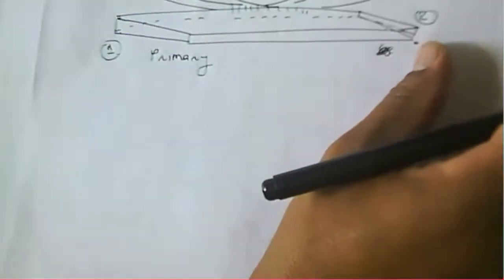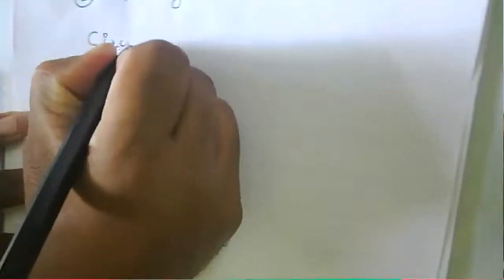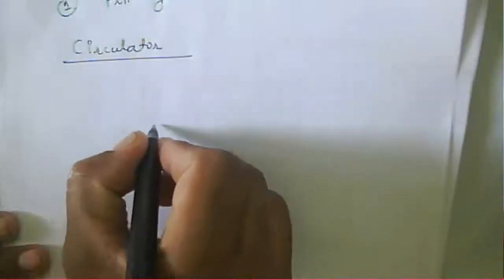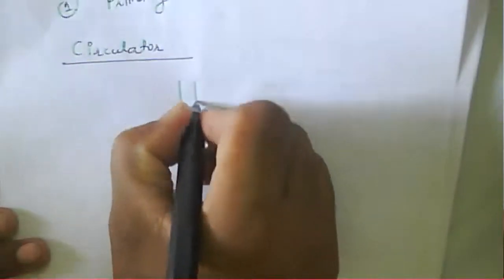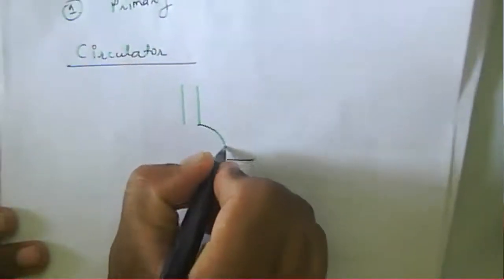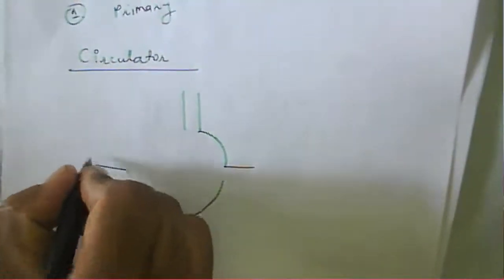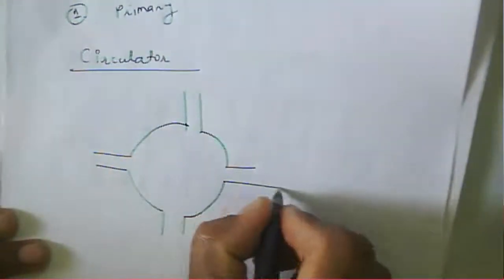Next we will see the circulator. In a circulator, generally there are multiple ports. For the time being, we will consider only a four-port circulator.